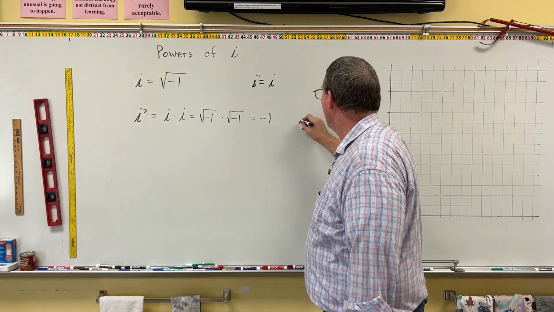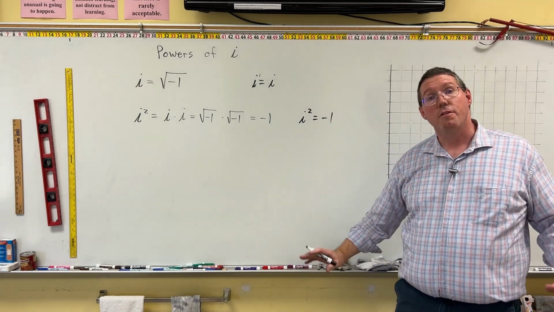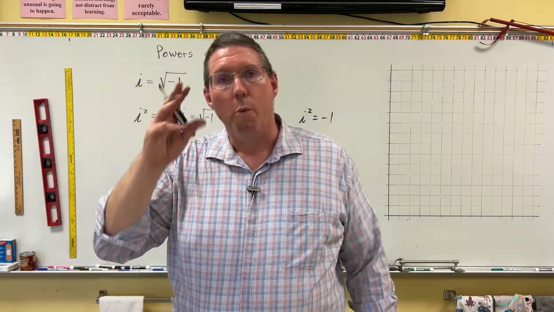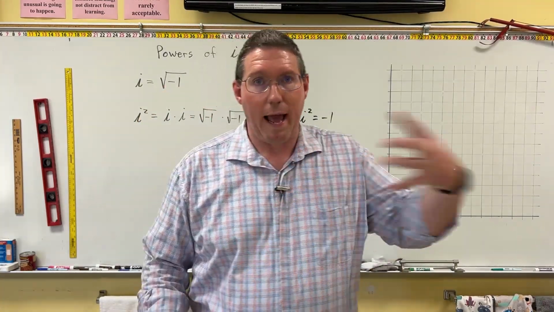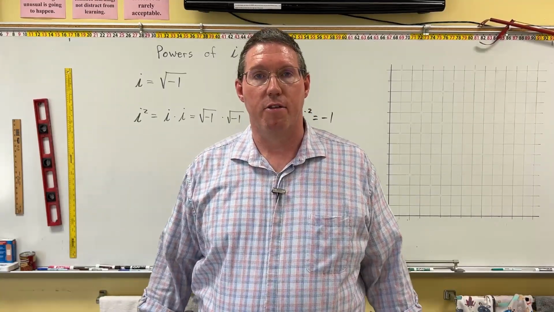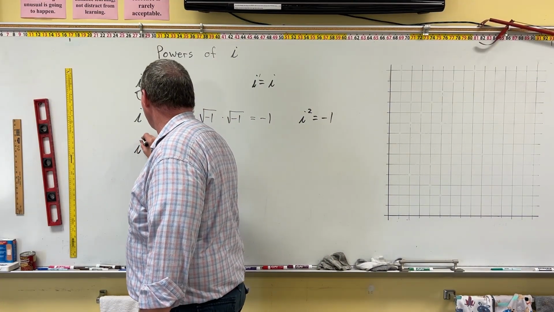And therefore, i squared is just equal to negative 1. This is important because in a lot of problems involving complex numbers, we often encounter i squared. And we can take the i squared out and put in negative 1, and it makes it very easy to solve the problem. Okay?